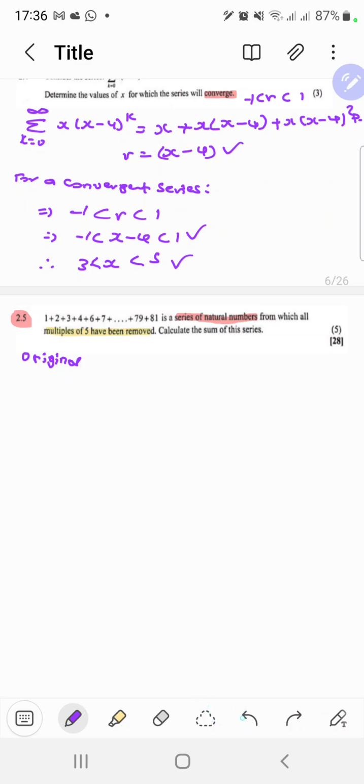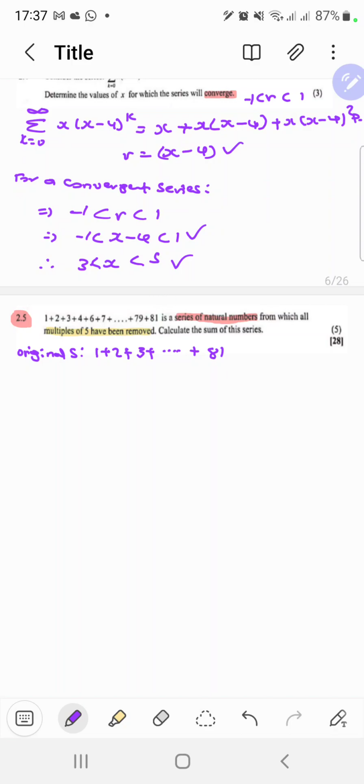So let's say what happened in the original sequence or series. We know we have 1 plus 2 plus 3 plus dash dash dash until the last term, which is 81. Okay, so this is important because we know this is the last term.